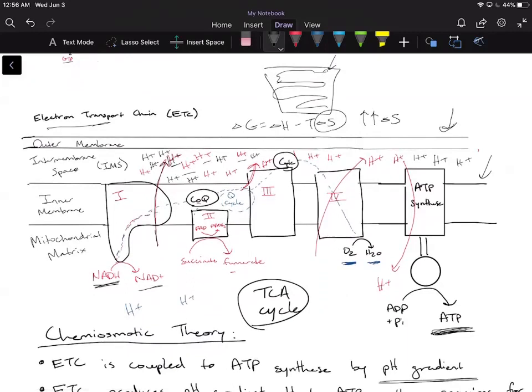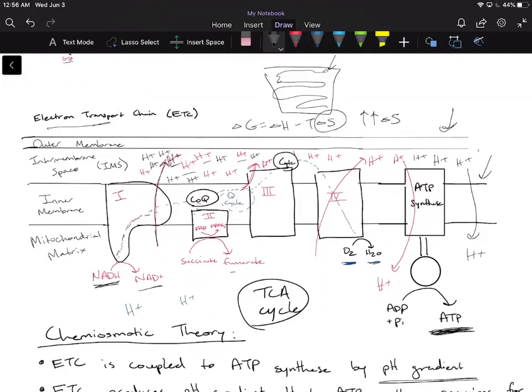So the idea here is it's going to harness that electrochemical gradient, or the energy in the electrochemical gradient, because technically, if you think about it, now the protons really want to go back with their concentration gradient back into the matrix. So ATP synthase dissipates that proton gradient, and by dissipating that proton gradient, it powers itself, so that you can convert ADP and Pi into ATP. And we'll talk about exactly how this occurs in class, and I'll maybe make a future video on it, but that's the idea, okay?